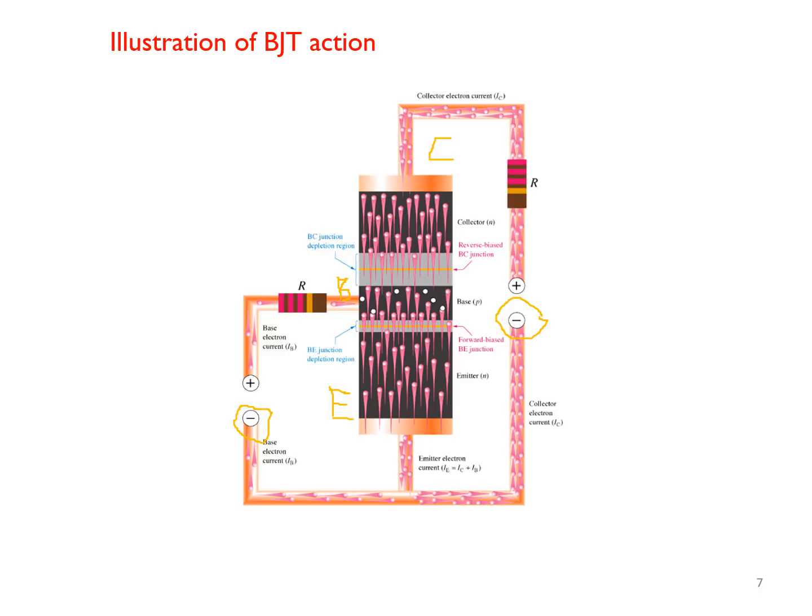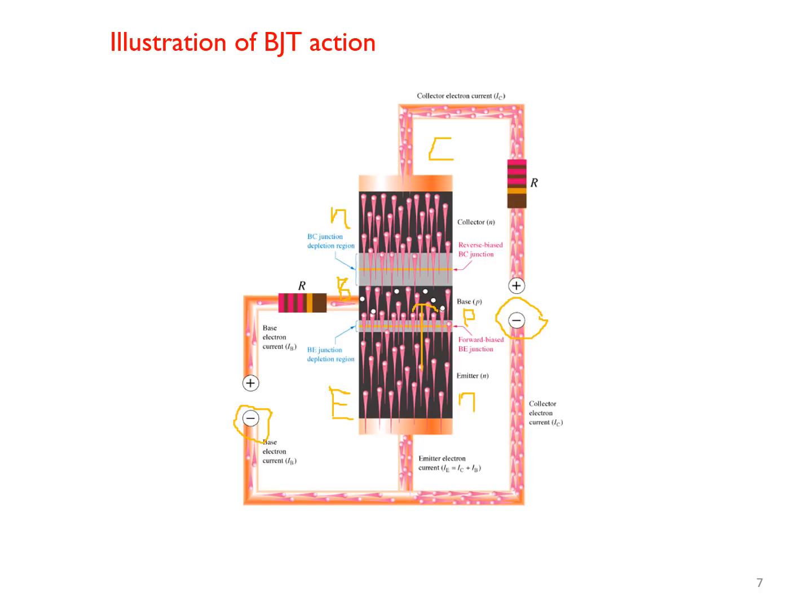So this is N-type, this is P-type, and this one is N-type. So electron is negative and will be pushed by the negative terminal toward the junction into the P-type base.